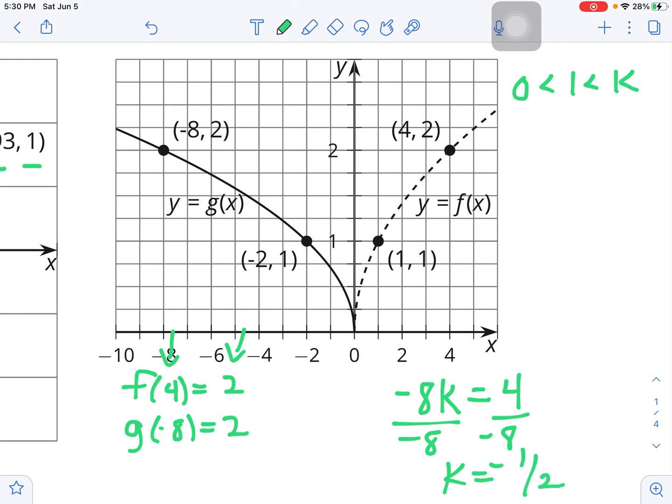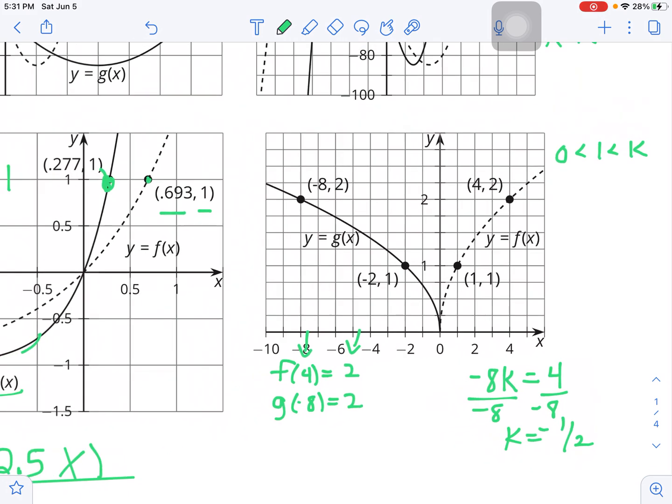And that makes sense because not only did it draw the function away from or stretch it away from the axis, the y-axis, it also flipped it. So that negative out there in front of the 1/2 flips it over the y-axis. So scale factor of negative 1/2 there. So we can write g of x is equal to f of negative 1/2 x.